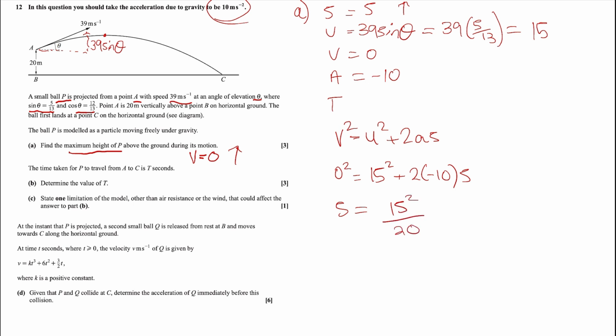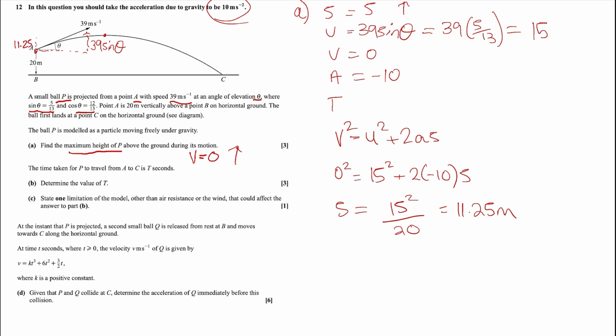Okay, so plugging this into my calculator, let's see what we get. So 15 squared, I think, is 225, divided by 20 gives us 11.25. Okay, so let's just quickly go back to the diagram. What we've shown here is that the distance from A up to the max height, so up to there, is 11.25.